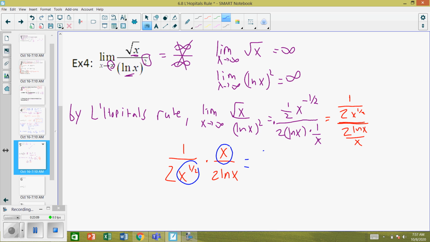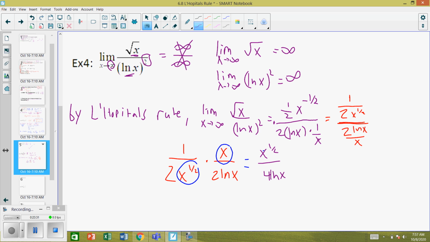So that's going to be x to the 1/2 power on top, and on bottom we got 2 times 2 is 4, so I should go ahead and just say 4 to simplify it. ln of x. Okay, so that was a little bit of scratch work.